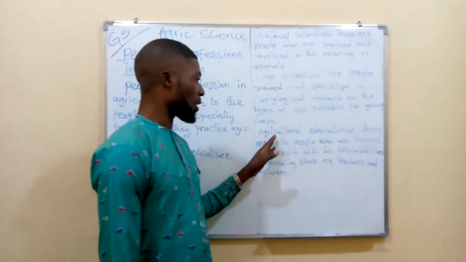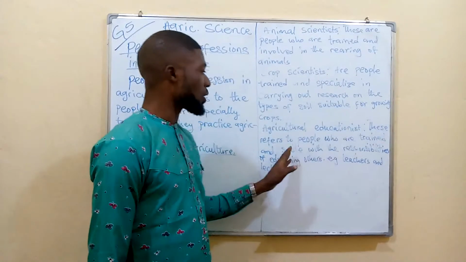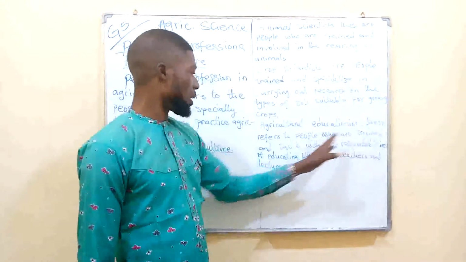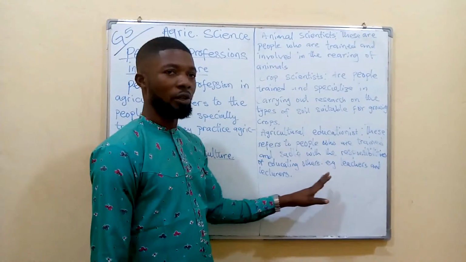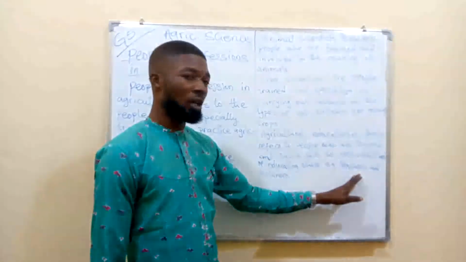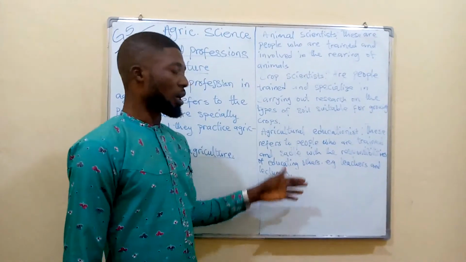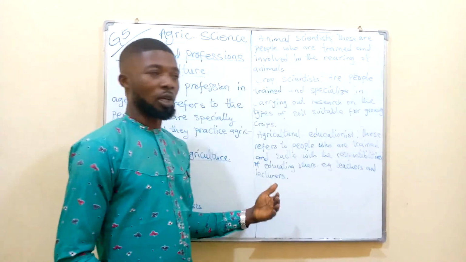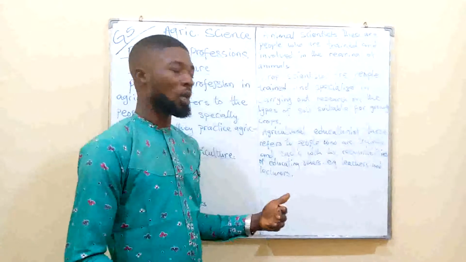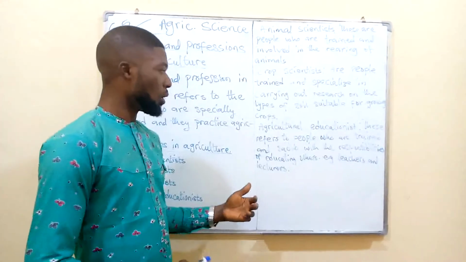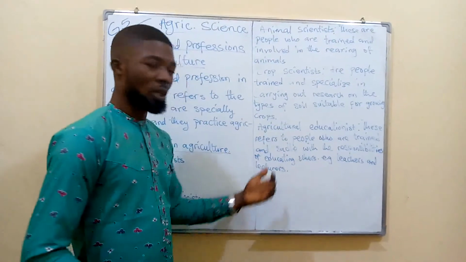Now, the agricultural educationists. This refers to people who are trained and saddled with the responsibility of educating others. For example, we have the teachers and lecturers. Remember that in the agricultural process, there are people who teach or lecture you how to go about your agricultural activities.